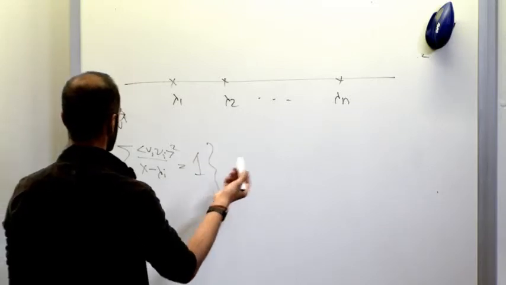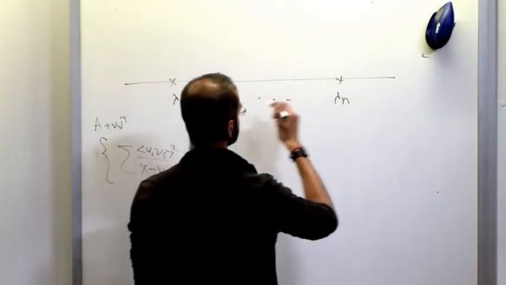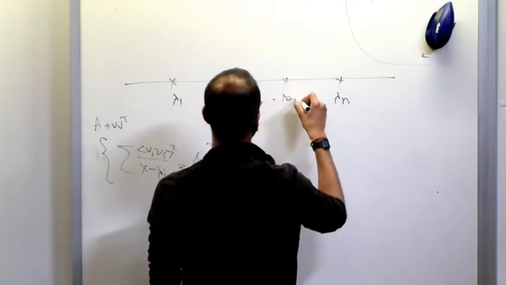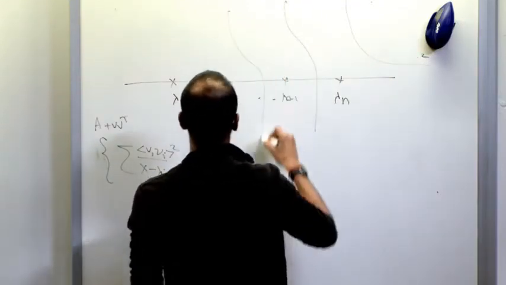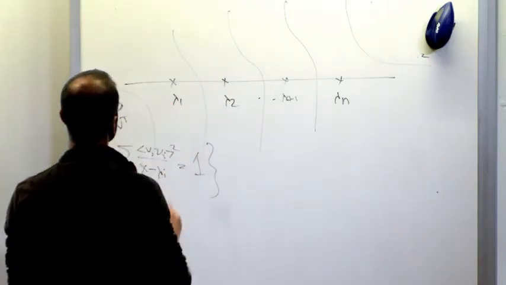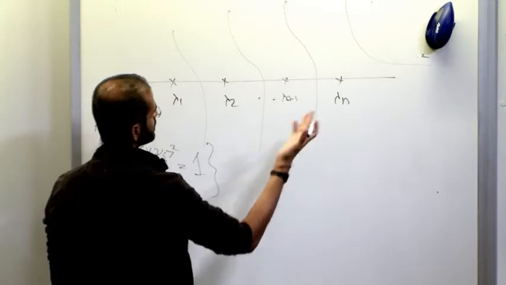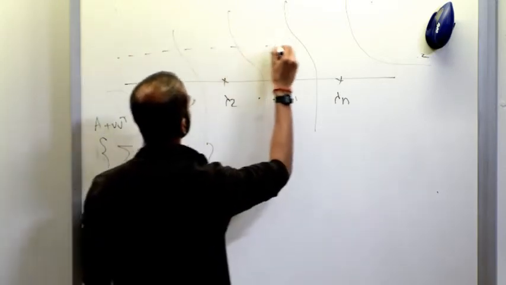Well, I can just plot this. So this has poles at the roots, and it basically looks like this. And I'm interested in the level set where this thing is equal to 1.